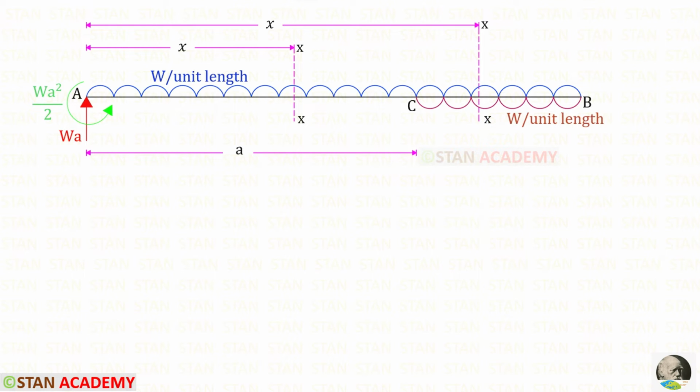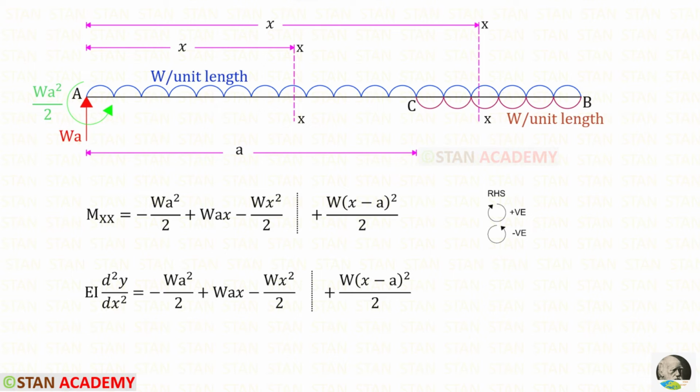We have to make sections. There are two different parts, AC and CB. So we have to make two sections, one in AC and one in CB. I have made both of the sections at a distance of x from the point A.